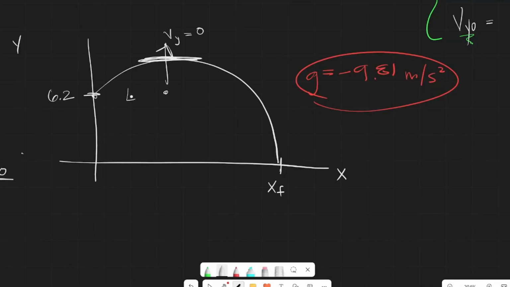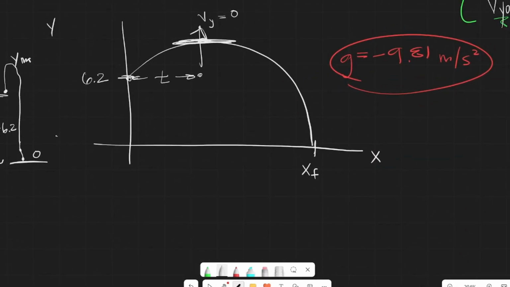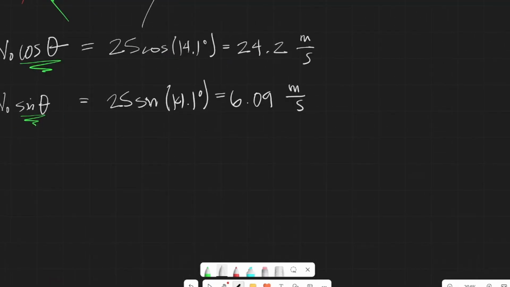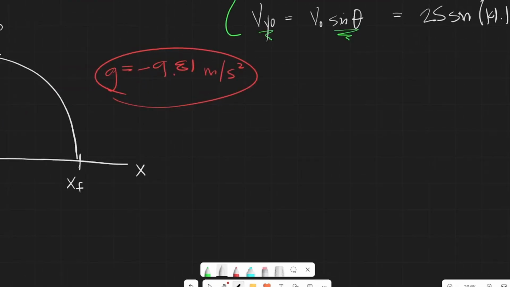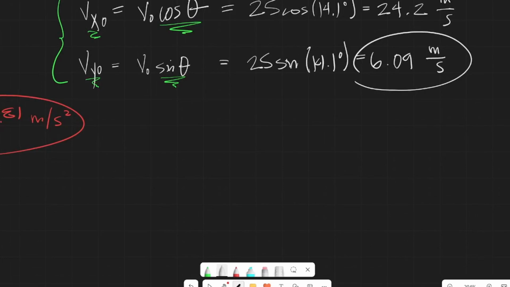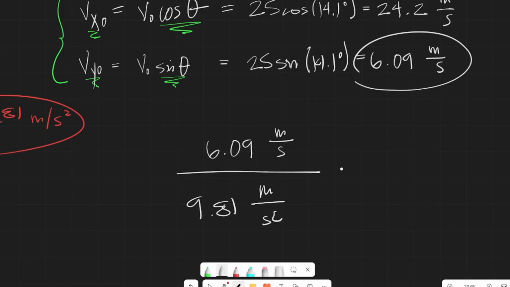We're going to find the time associated with that portion of the flight, and then we will analyze the second half, and it will be much easier. But for now, we say that this is the initial y velocity, and we are decreasing 9.81 meters per second squared. So that means it's going to take us 6.09 meters per second divided by 9.81 meters per second squared. That's how much time it's going to take for us to get to 0 velocity.